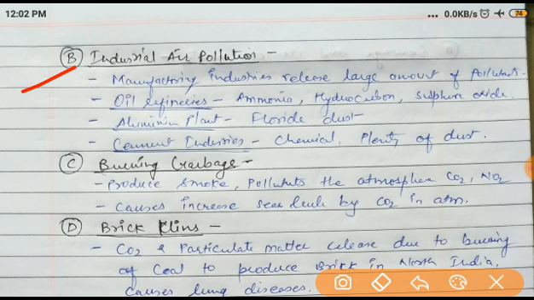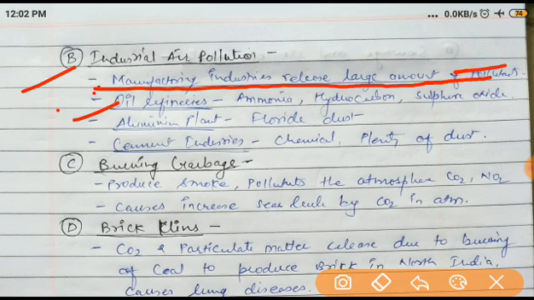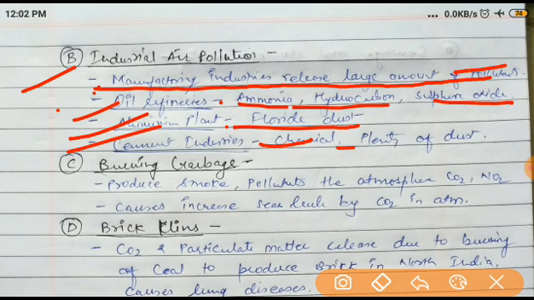These industries are not only polluting the air; you can write this point. Manufacturing industries release large amounts of pollutants. Just like if there is an oil refinery, it releases ammonia, hydrocarbons, sulfur oxide. If an aluminum plant, fluoride dust. If a cement industry, chemicals and plenty of dust. So this is all about industrial air pollution.